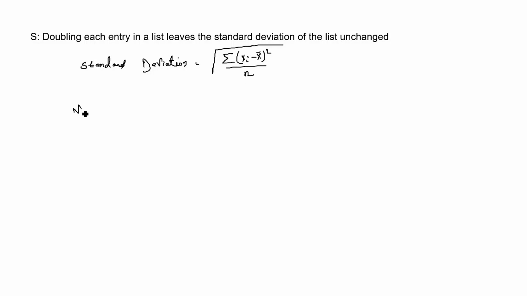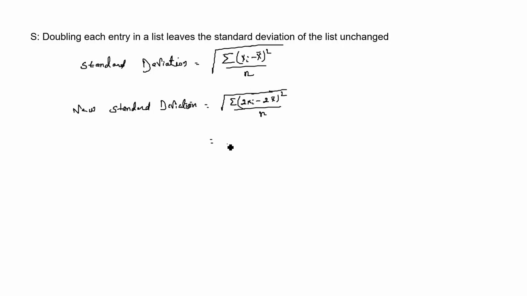So the new standard deviation we can write as the summation of 2xi minus the new mean. If we double each entry, the mean will also double, so 2 times x mean, squared, divided by n.